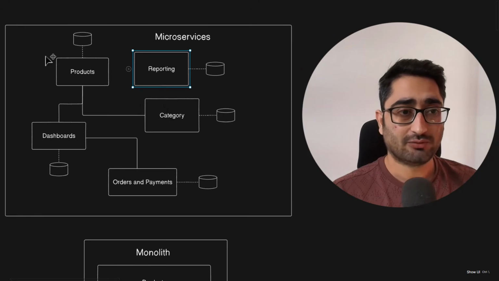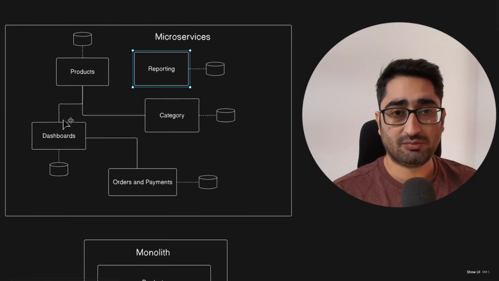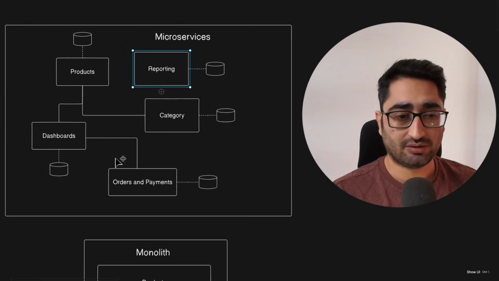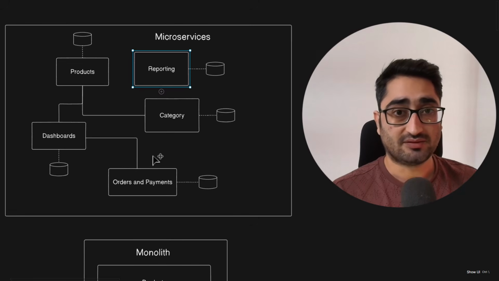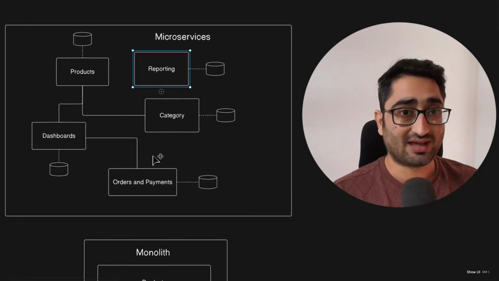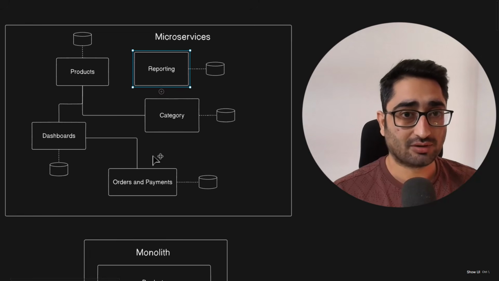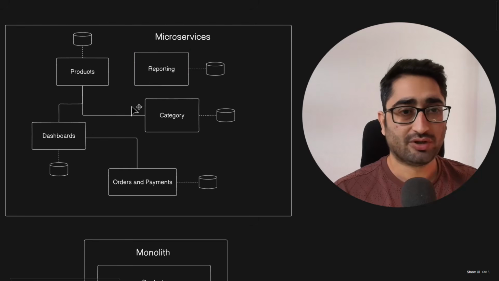And usually what happens is the products team will be separate, the dashboard team will be separate, the orders and payments teams will be separate. So there is a sense of autonomy amongst the teams that they get to choose the stack for the services they are working on. But it does not matter since everything works together as a single application to the outside world.